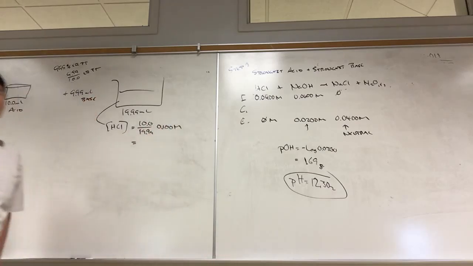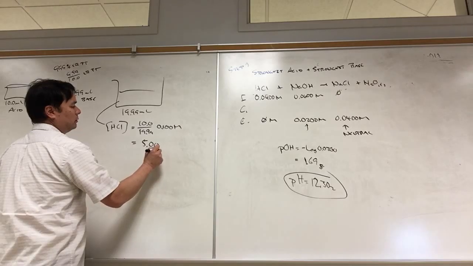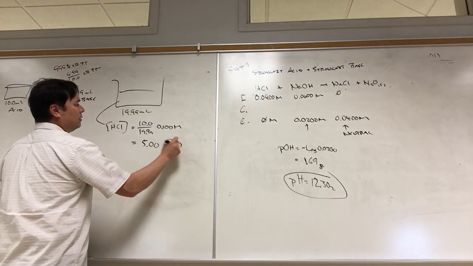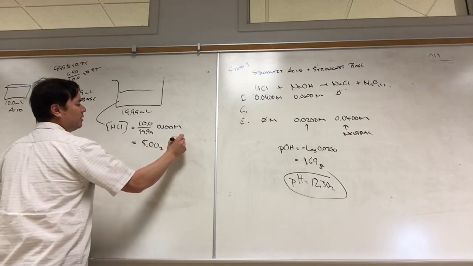Can somebody calculate that for me? The number's not going to be super clean, I think. Give me one more digit here. 5.002 times 10 to the negative 2.